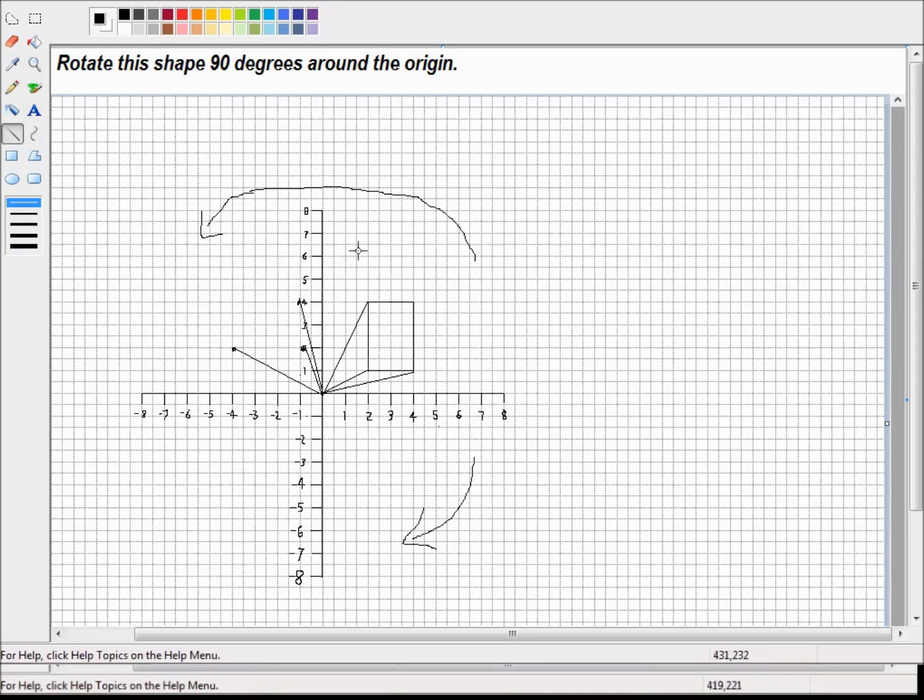And then my last point is coming from here, so that will be here.